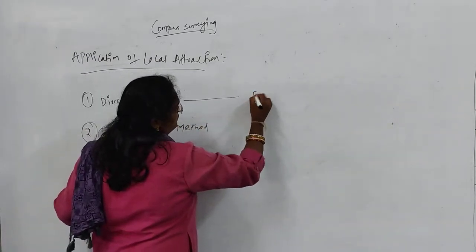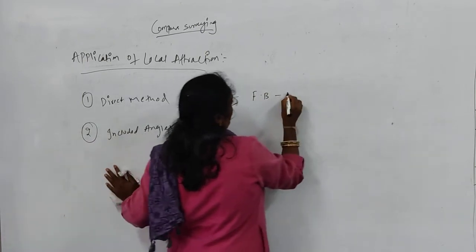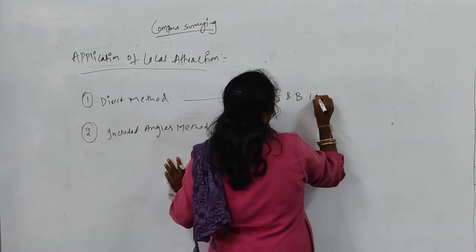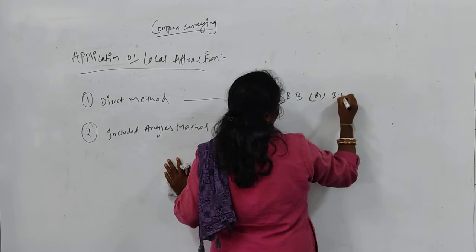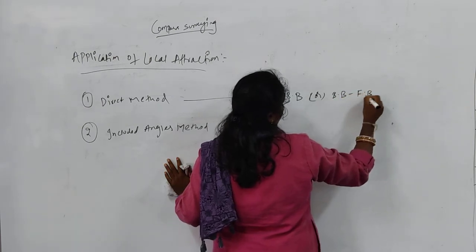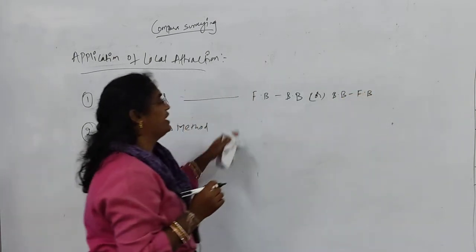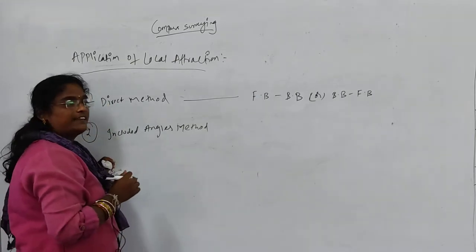Here we will be using fore bearing minus back bearing or back bearing minus fore bearing. At this moment we will be finding which station is affected by local attraction.